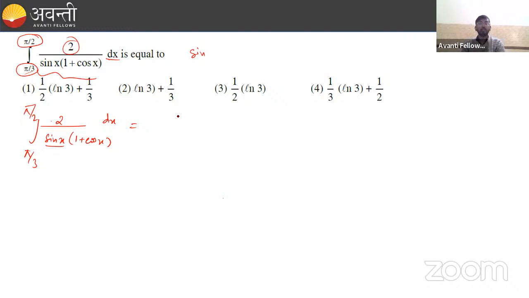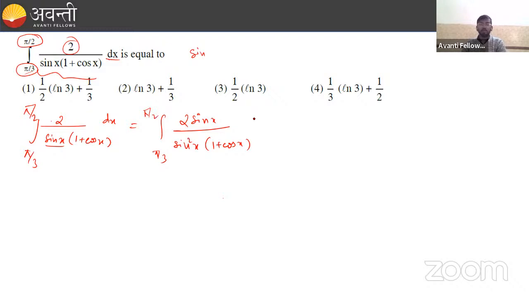So what I'll do here is I will multiply by 2 sine x, and this becomes sine square x into 1 plus cos x, integration pi by 3 to pi by 2.